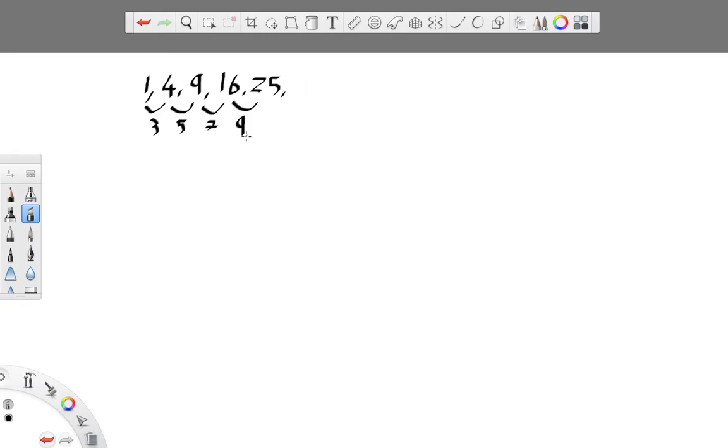We obviously need to be aware of this so we can identify whether our sequences are either quadratic or linear. And then later on in the video, we're going to see how we can calculate what the nth term is. Another example of a quadratic sequence is 2, 8, 18 and then 32.